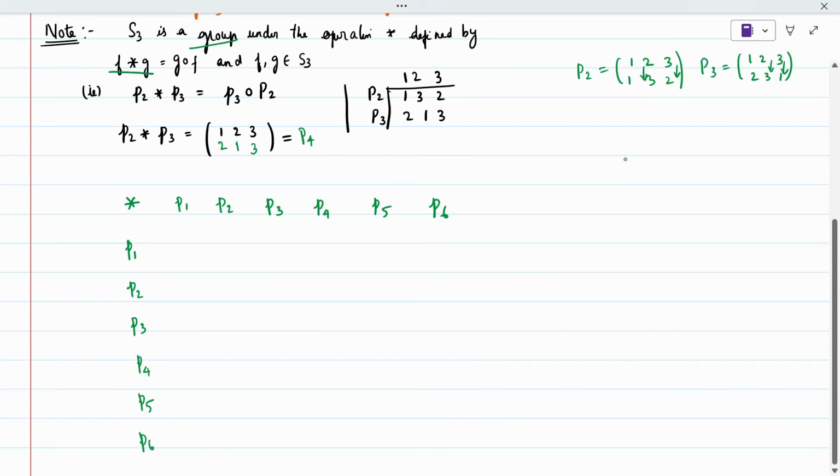Now, each element when you multiply it, P1 into P1 you multiply and check it, you will get P1, P2, P3, P4, P5, P6. So the whole table I will write like this: P2, P3, P4, sorry, 1 minute.